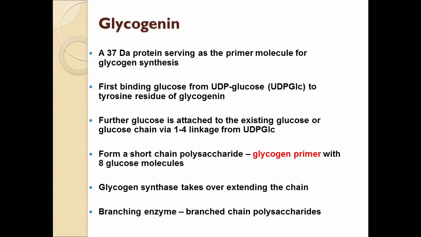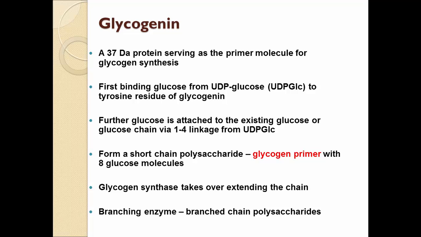Again, UDP is a carrier of glucose to the glycogenin. The first glucose is bound to the tyrosine residue of glycogenin. Again, glycogenin is a protein, right? And then you're adding more glucose to the existing glucose to extend the glucose chain.